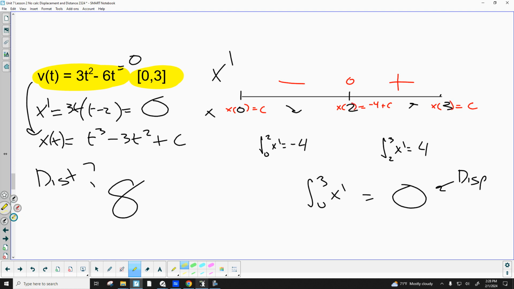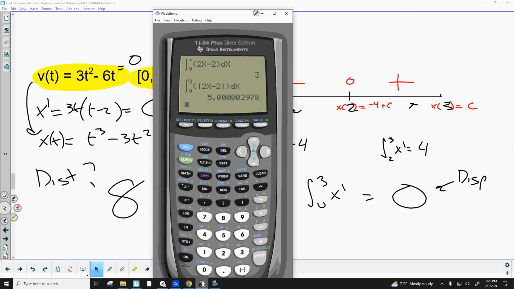Get 8 in your calculator. No, for this one. Wait, no way. Now, you don't get 8. If we accumulate 3t squared minus 6t from 0 to 3, we get 0. We know this because we've done it.